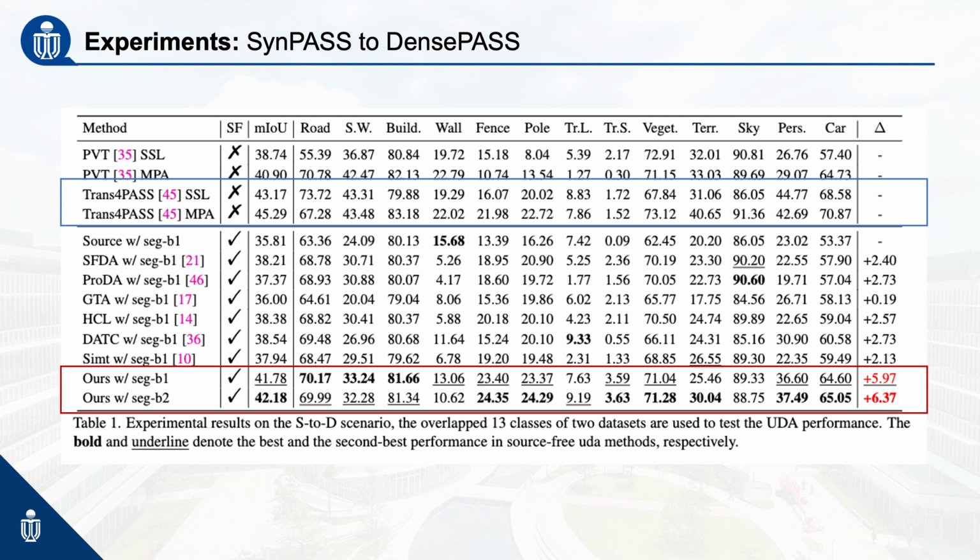We conduct a lot of different experiments to show the effectiveness of our proposed methods, and we first evaluate our methods on the Thin Pass to Dense Pass benchmarks, and obviously our methods achieve very high performance, and we can even be comparable to the methods which are using the source data.